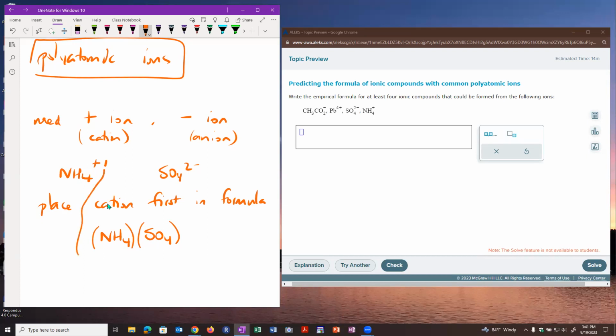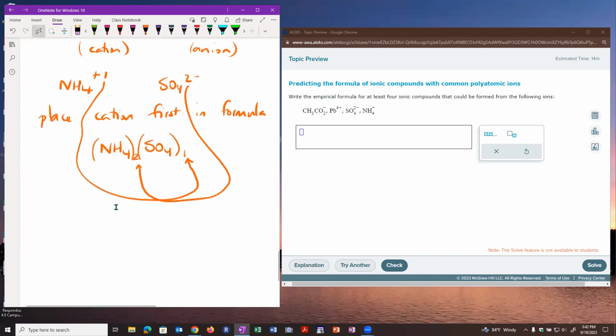So the 1 becomes a subscript on the sulfate, and it would have to go on the outside of the parentheses. And the charge on the sulfate is 2 minus. So this 2 would have to go on the outside of the parentheses for the ammonium. So the NH4 and then 2 times. If you didn't have the parentheses, then that formula wouldn't make sense.